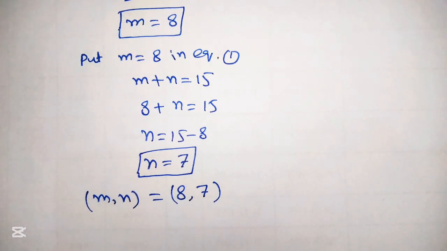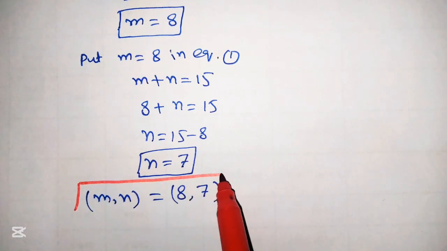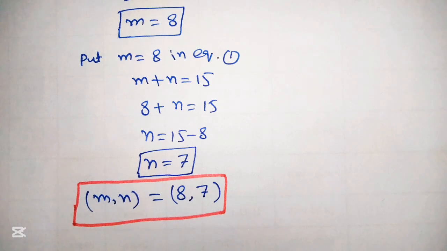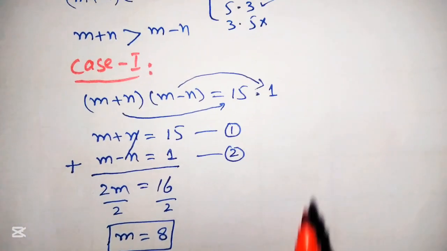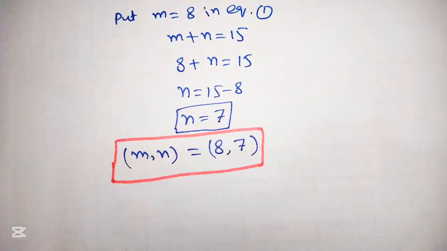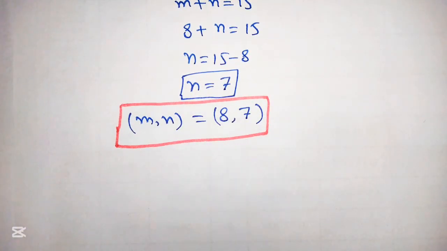Now we will check the validity of this solution. This is the first solution we found by using case number 1, where we used the factor pair 15 times 1. For this purpose we will put these values of m and n in the given equation.